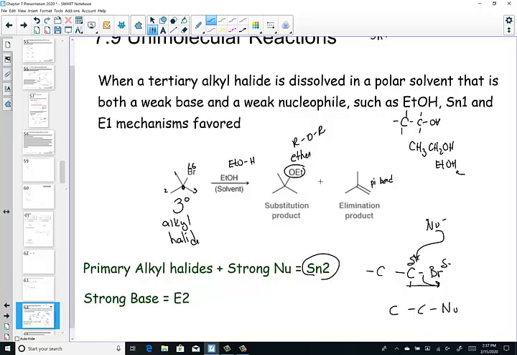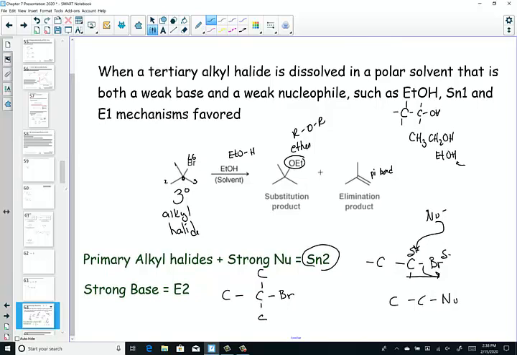And of course, we also saw that strong bases promoted E2 mechanisms. And if you had an alkyl halide, again, secondary or primary, even tertiary if it's a strong base, because the tertiary could then have beta hydrogens that it could also explore. So let's just say we had a bromine that is a tertiary alkyl halide, but we have a strong base, something such as, let's say, hydroxide.